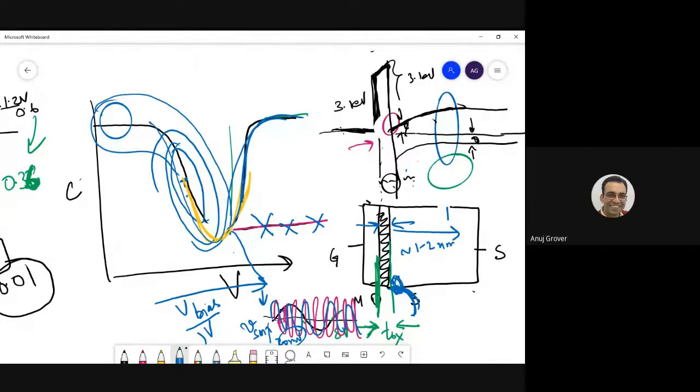Or when you talk of two metal layers, what is the minimum spacing you have to keep between them in 65 nanometer? At least 16 nanometer? Are you with me?